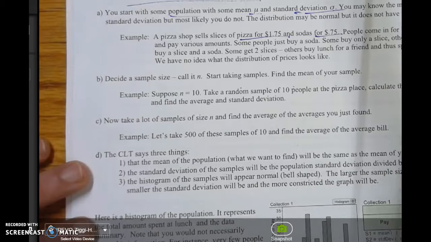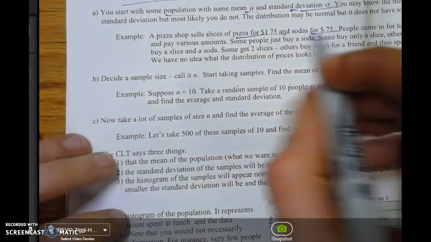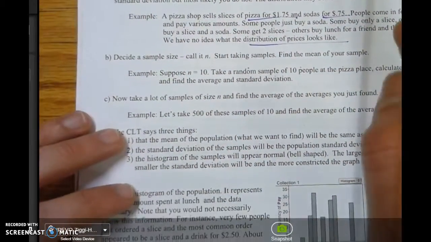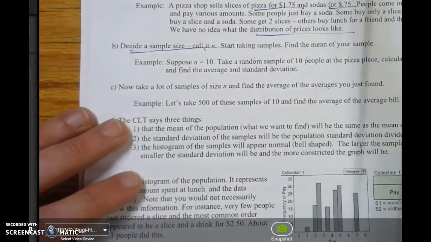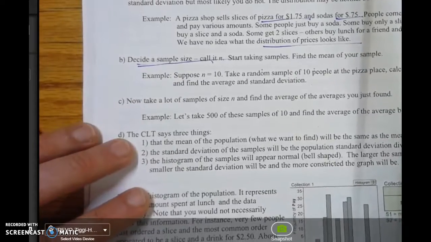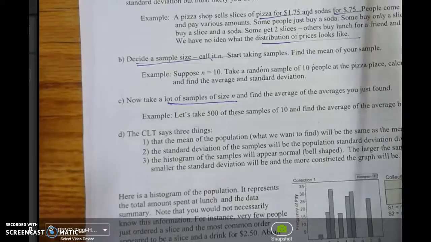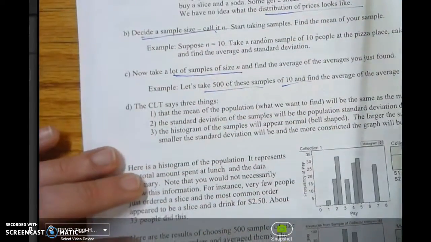Some people buy a slice, others buy a lot, and we want to know what the typical purchase is. We have no idea about the distribution of prices, about how much the average sale is. So we decide on a sample size, which we call n. We want to take lots and lots of small samples, and then take the average of those samples. So we want to take like 500 of these small samples of size 10.